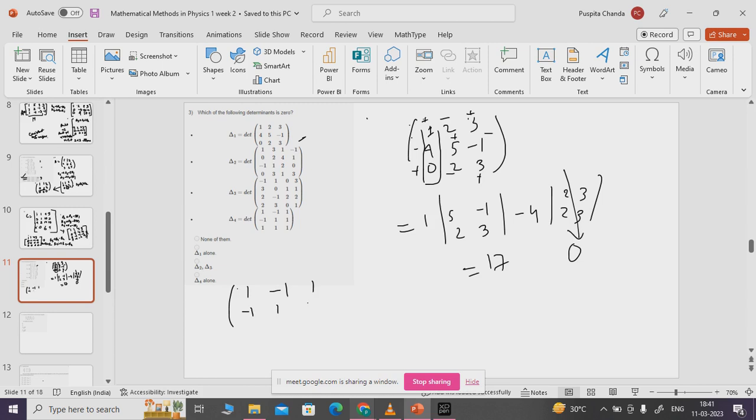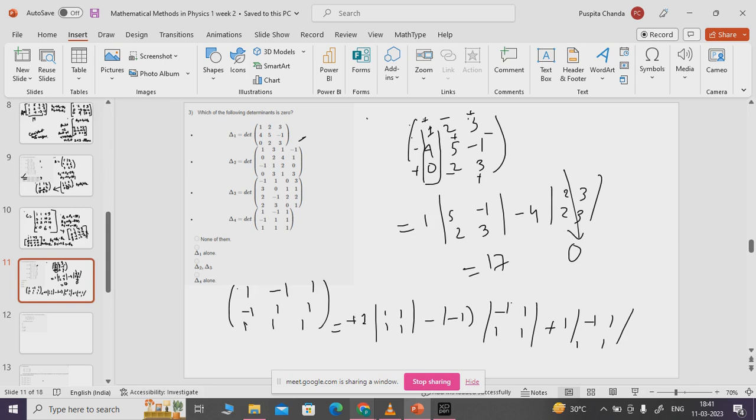If you want to do that, it's fine, but for a 3 by 3 expansion, you do not need that. 1 is 1 1 1 1, minus, it will be like cofactor minus 1 1 1 1, plus 1, it will be minus 1 1 1 1, so it is 0.